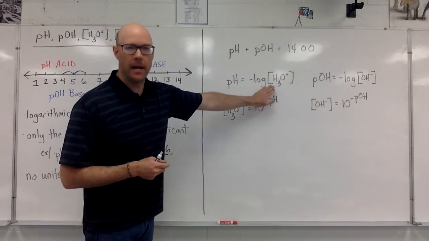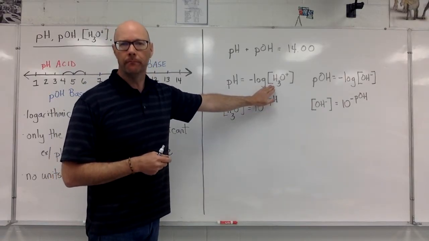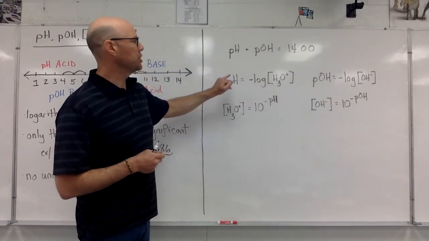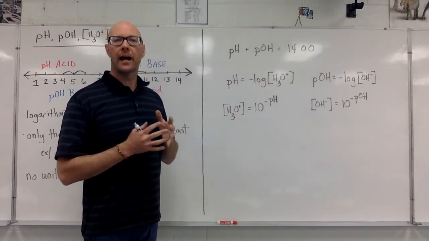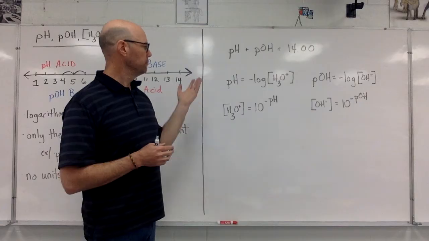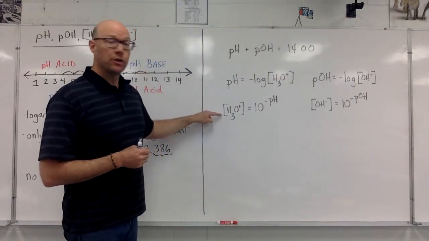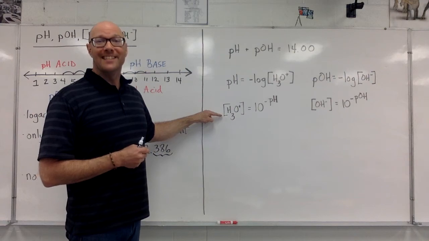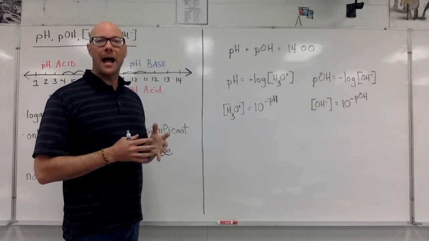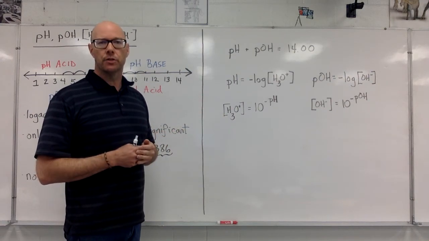It's going to be a number less than 1. The negative log of that hydronium ion concentration will give us the pH. The hydronium ion concentration is equal to 10 to the power of the negative pH.